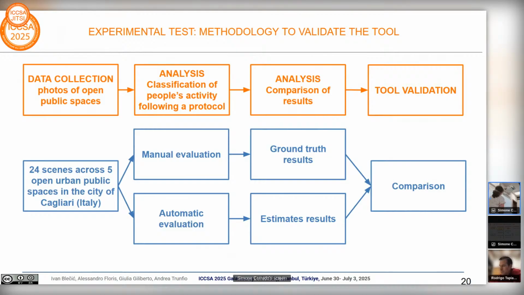We classified people's activity following the protocol, and then the two evaluation outputs were compared: ground truth results from manual evaluation and estimated results from automatic evaluation.